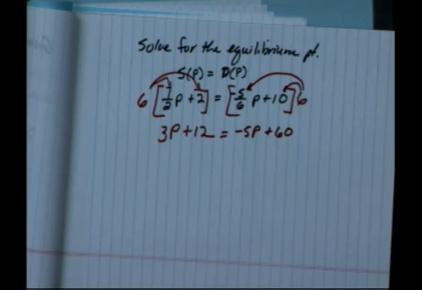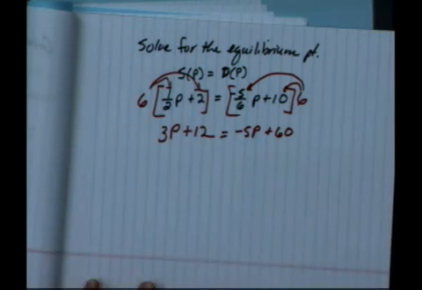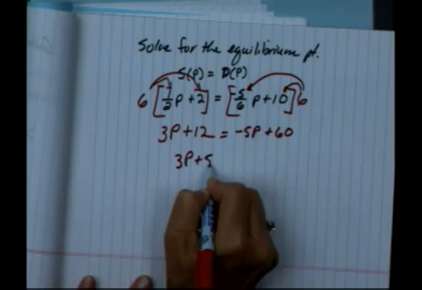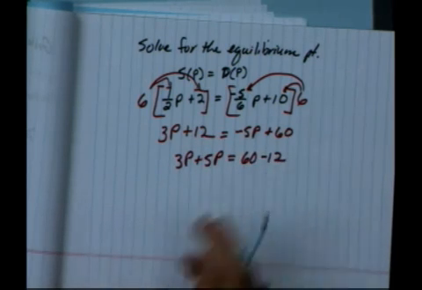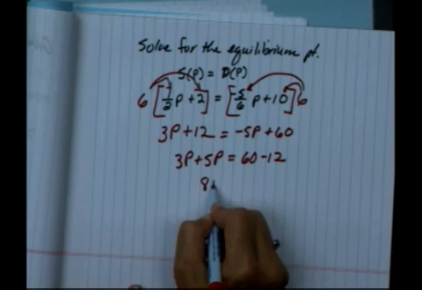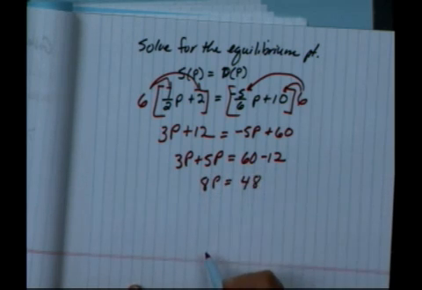Everybody good? All right, now I'm going to try to do it as neat as you did when you did your warm-up. I'm going to add 5p to both sides. And I'm going to subtract 12 from both sides, trying to get p on a side by itself. So 8p is equal to 48.